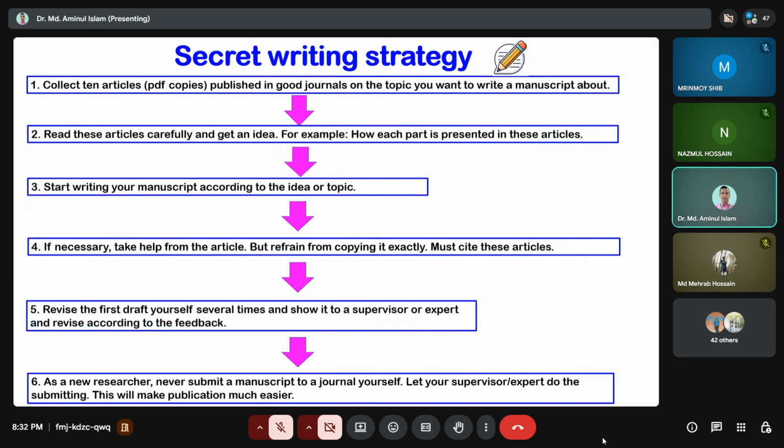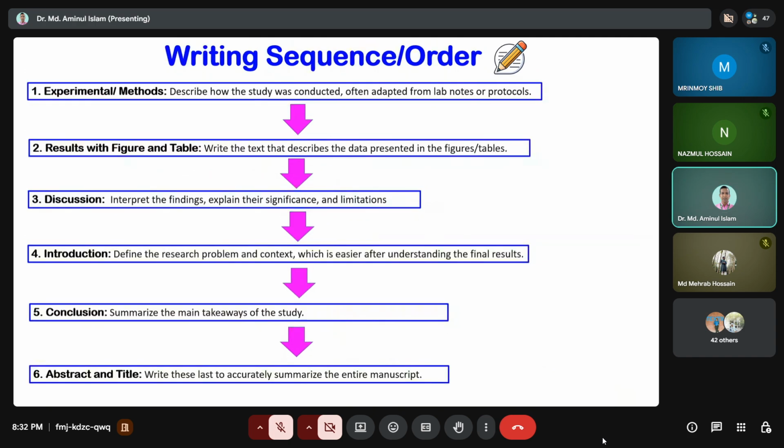Well, then comes writing order. That means for writing purposes, this is not the universal order of a journal. This is the writing sequence or order. This is very important for writing a manuscript. For example, at first you can write the experimental part or methods.